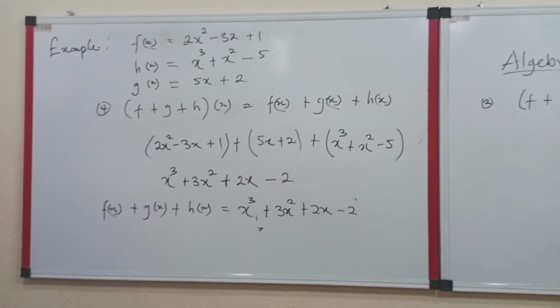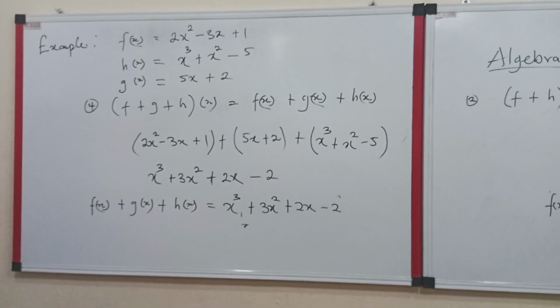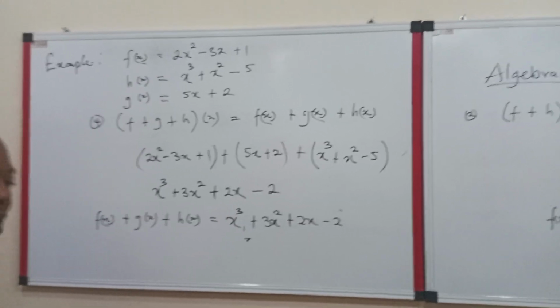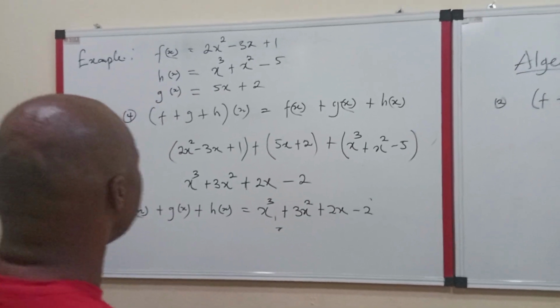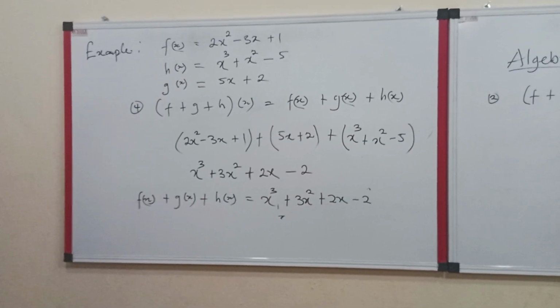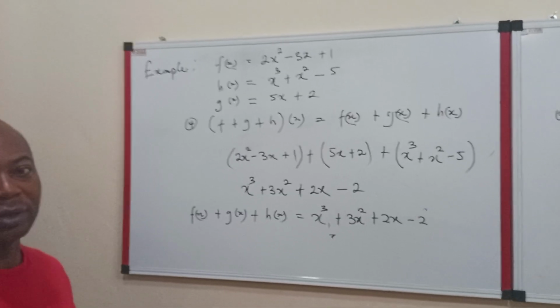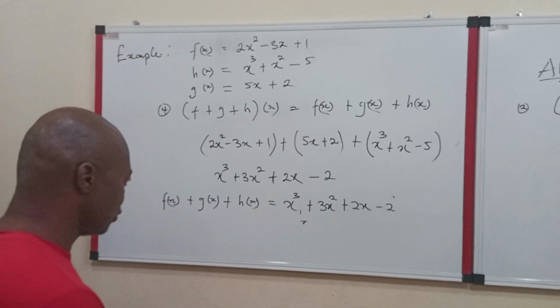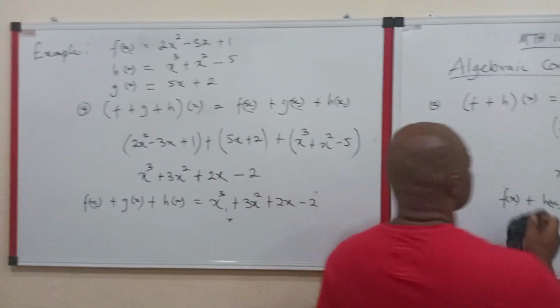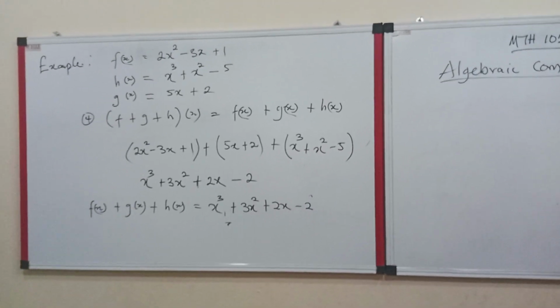So you can now see that the addition of functions is just pretty straightforward. This we can do if they have a common domain. Now, in like manner, we can also consider the subtraction of functions.